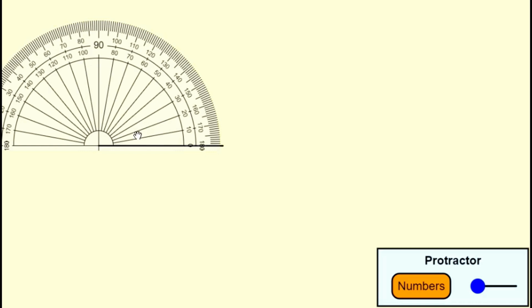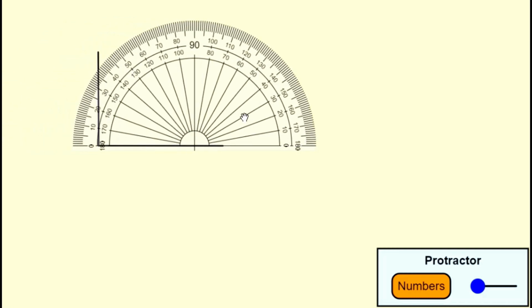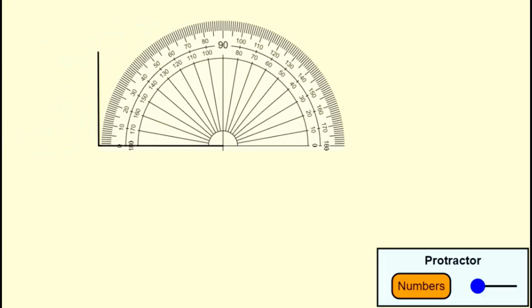Now take 90° at one end and draw a line. Now put the protractor at the other end and again draw a line by taking 90°.